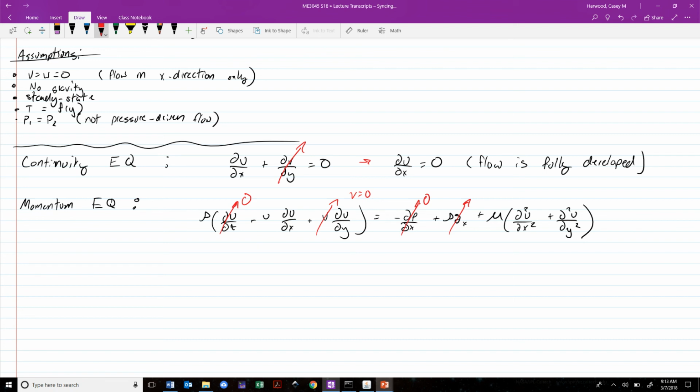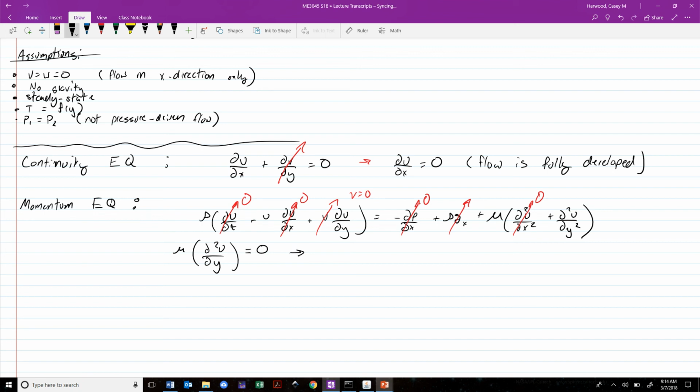And then if we look at our solution from the continuity equation, right, that du dx is equal to 0, that's fully developed. So that means that du dx here goes to 0, and the second derivative of u with respect to x is also going to be 0, because it's another derivative of a constant. So what we're left with is mu d squared u dy squared equal to 0.